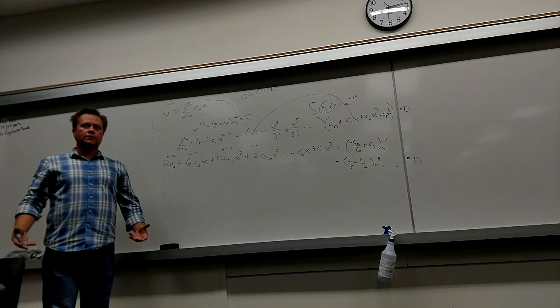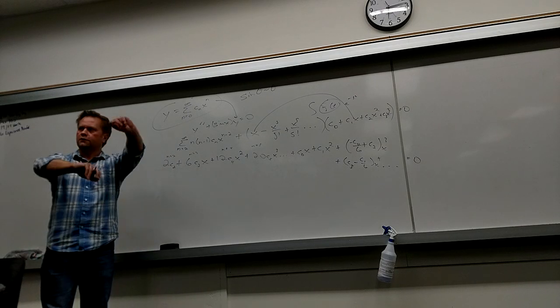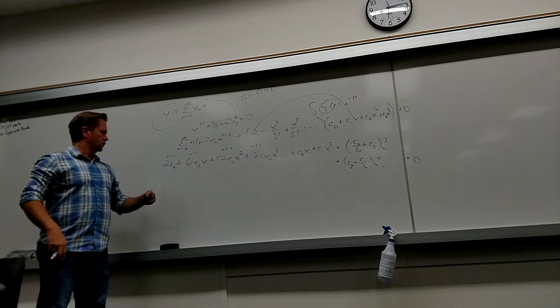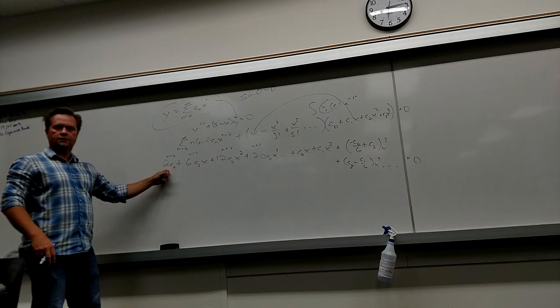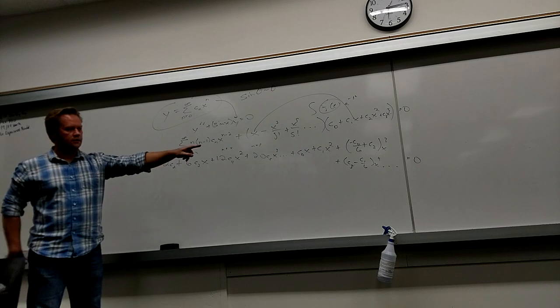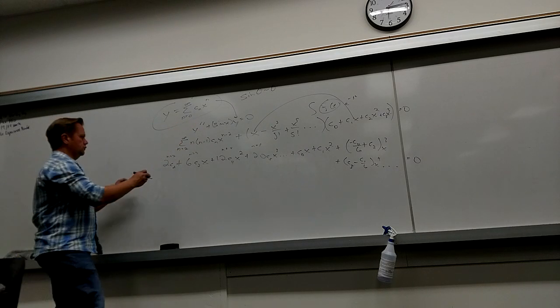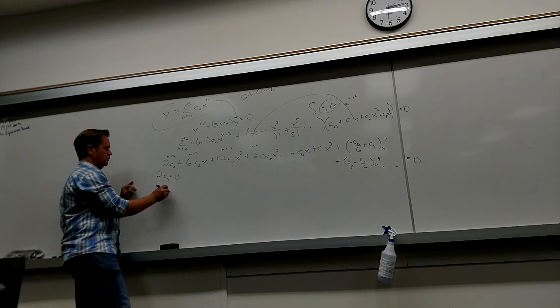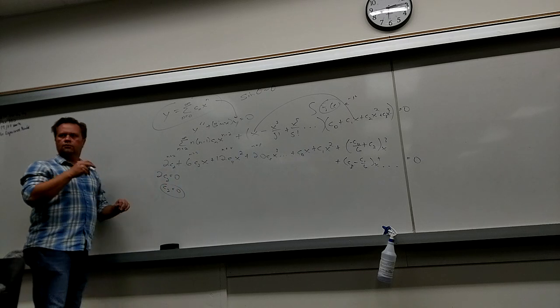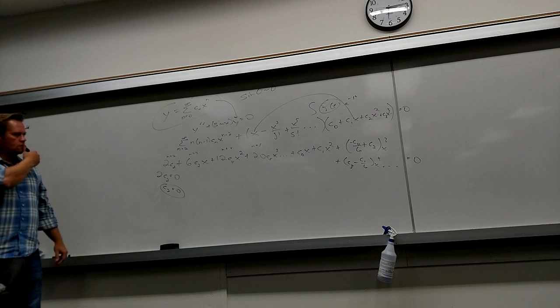All right, so now we basically equate coefficients. We can do this without rewriting everything. The only constant term I have up here is this one, and on the other side it's just 0. So 2c2 has to equal 0, so c2 is 0. What are my x terms?